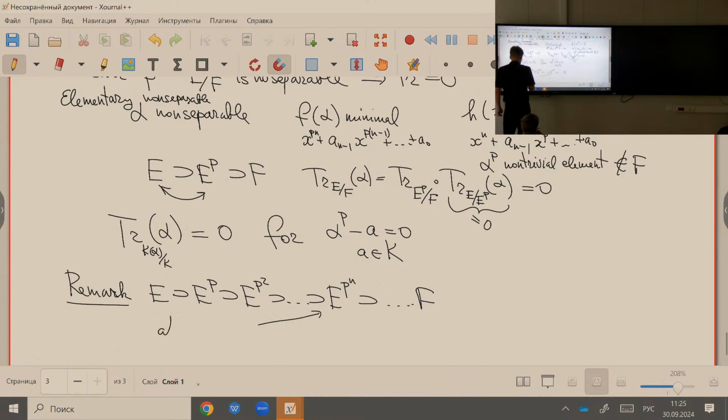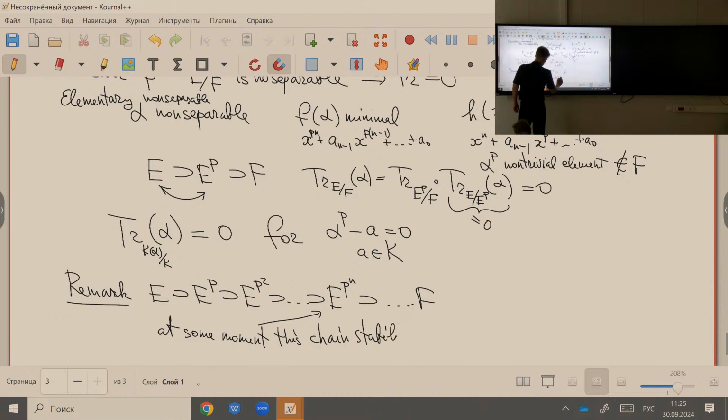So at some moment this chain stabilizes, and this E over E^(p^n) is a purely inseparable extension.